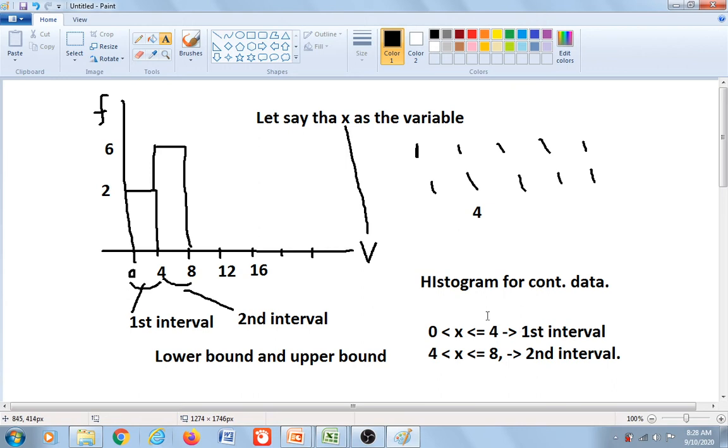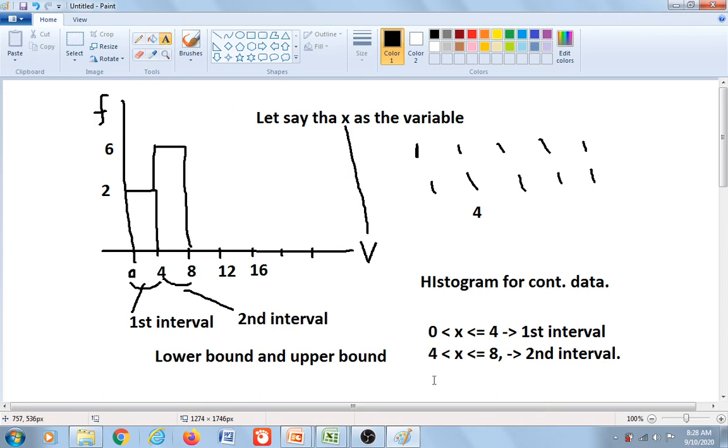So 4 will always be in the first interval, and 4 does not belong to the second interval. Why? Because 0 less than x less than or equal to 4, meaning that 4 is included in the first interval. In the second interval, 4 less than x and x less than or equal to 8, meaning that 4 is not included in the second interval.